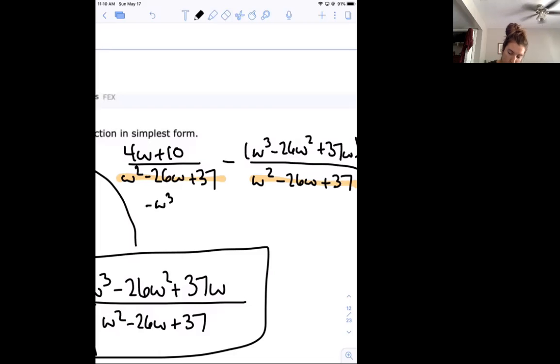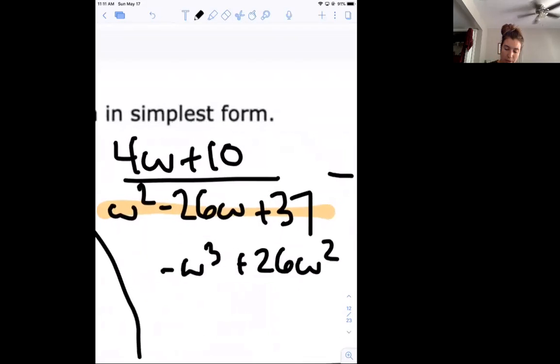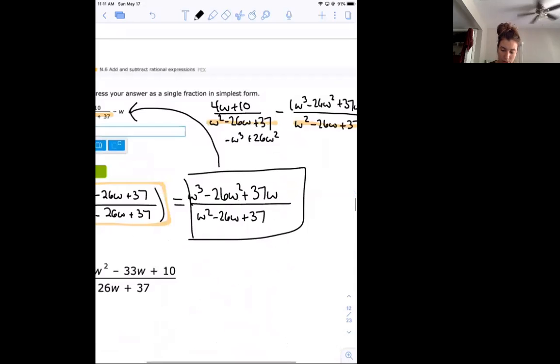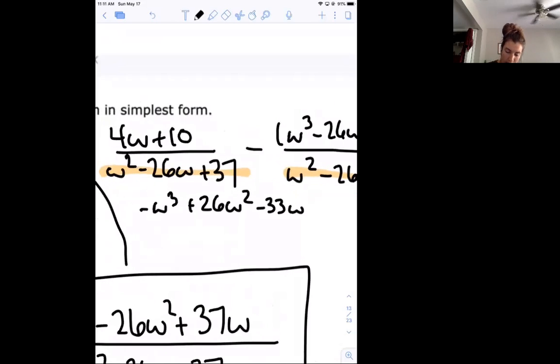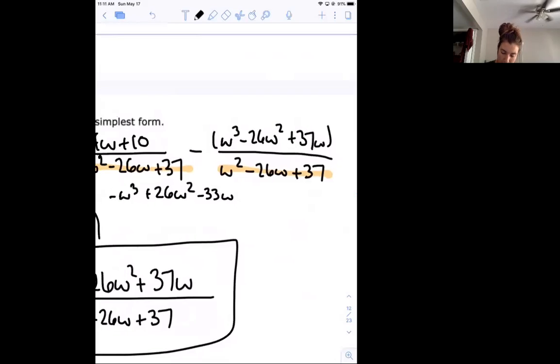There's also a negative 26W squared term, so it becomes plus 26W squared. Okay, now I have 4W minus 37W, which is negative 33W. And then I have 10 minus, there's no other units there, so it's just going to be plus 10.